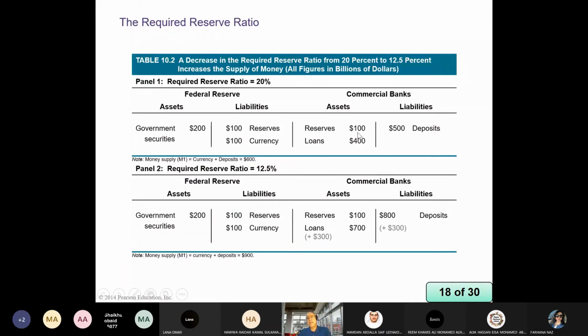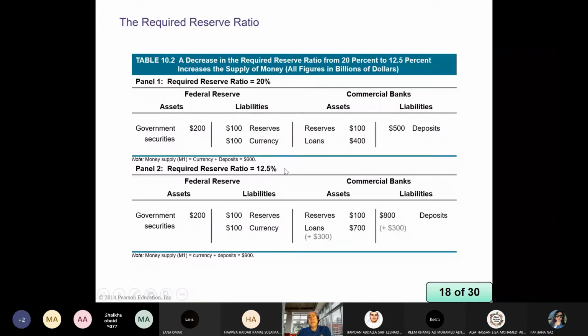So immediately, since commercial banks have a reserve of 100, we expect the deposits will be 500 and the total loans given to others will be 400. So there is no excess reserve. Okay, and then let's say suddenly the central bank changed the required reserve ratio from 20% to 12.5%.